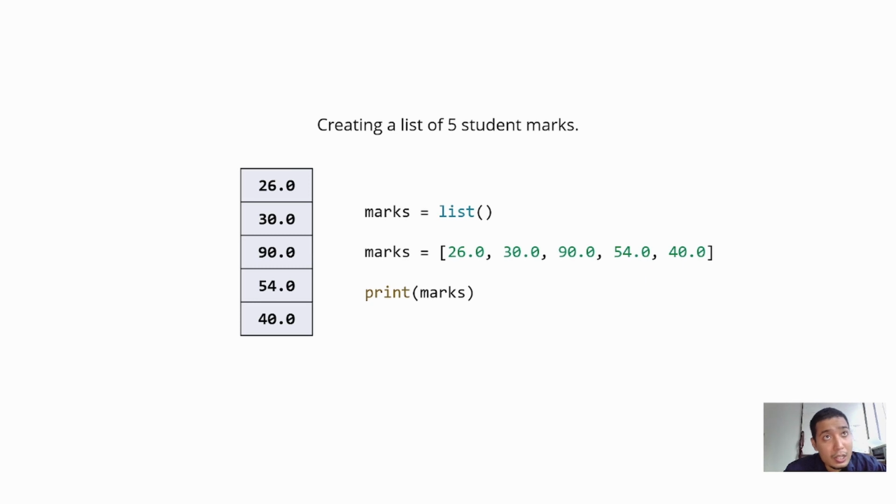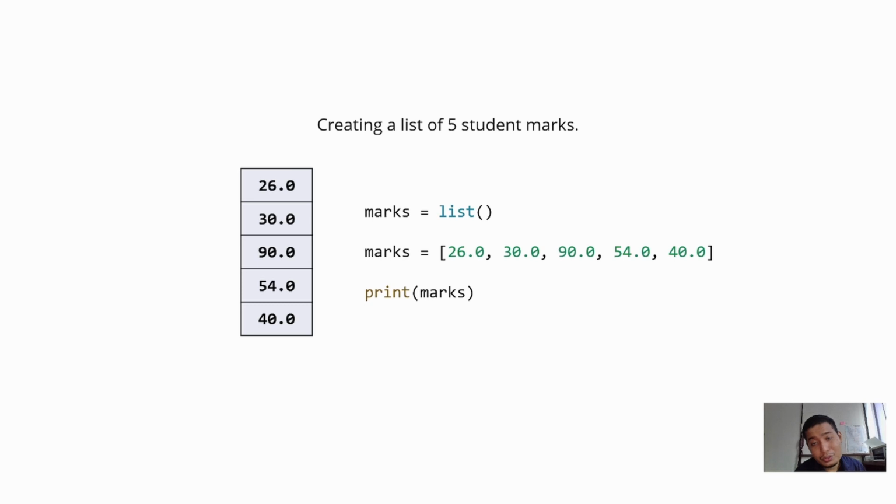Or if you are lazy enough, you don't really want to declare the first line here, marks equals list, it's okay. Python will automatically detect this. But to me and to most programmers, this is not a good practice, because if you do it this way, it can create confusion.